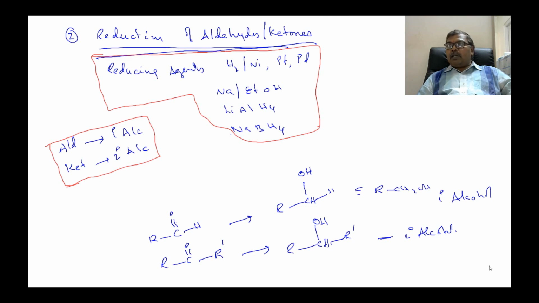Aldehydes reduce to primary alcohols, ketones reduce to secondary alcohols. Remember, it is not possible to prepare a tertiary alcohol by this method, because aldehydes reduce to primary alcohols and ketones always reduce to secondary alcohols.